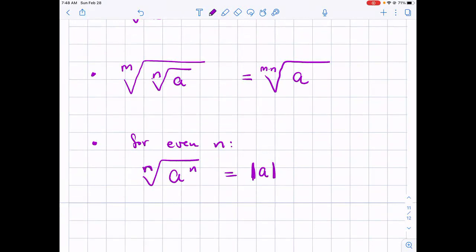If n is even, it has to be positive numbers, right? Whereas for odd n, let's separate these two things, the nth root of a to the n is just equal to a. We don't need absolute value when it's odd.